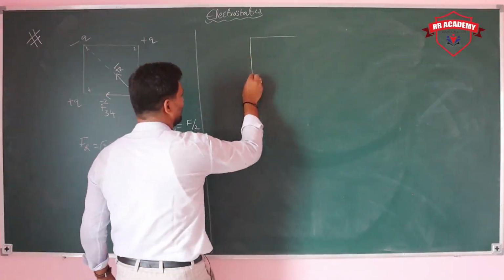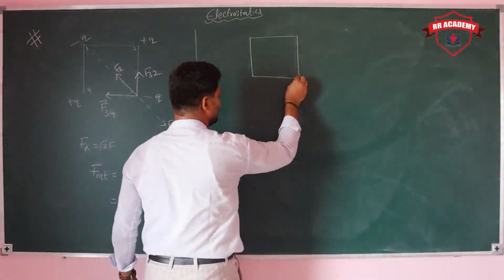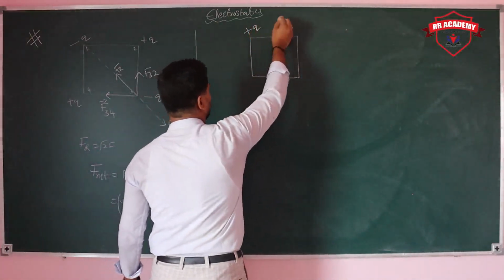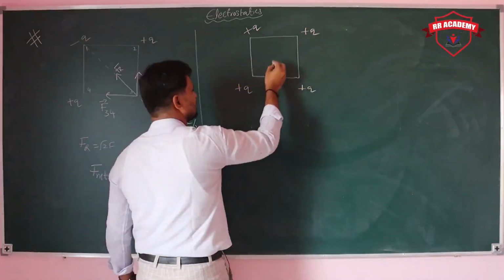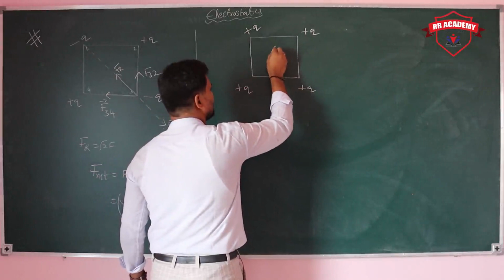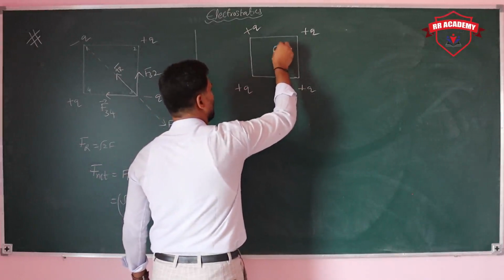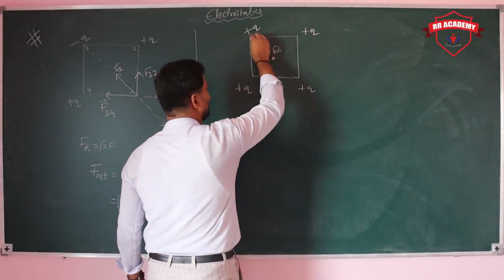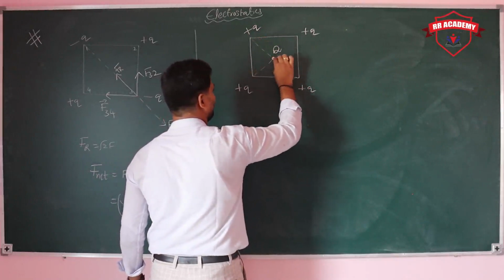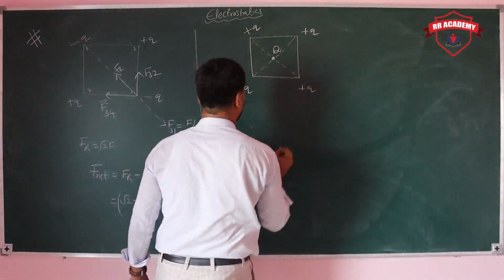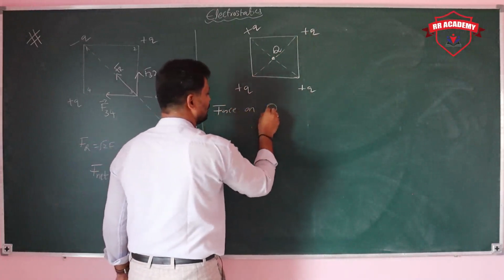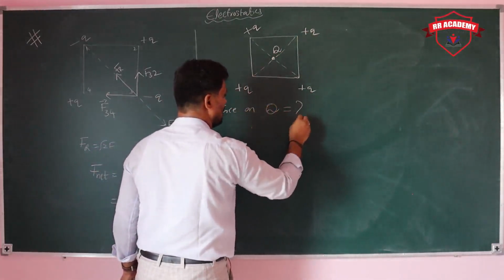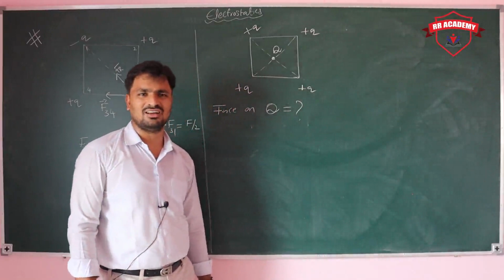I am considering 4 charged particles, plus Q, plus Q, plus Q and plus Q, and another charge q I am placing at the center. What is the force on q by the remaining 4 charges?